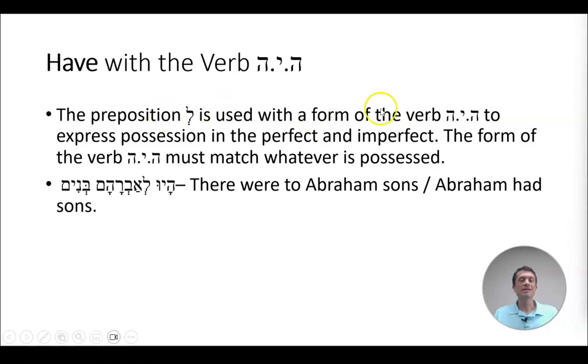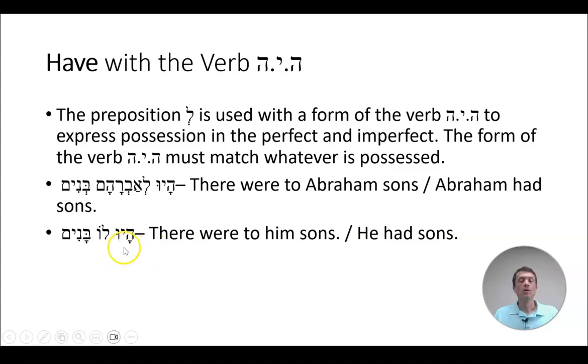Very literally, this is, there were to Abraham sons. Or you could simply translate this, Abraham had sons, as if the verb means had, taking Abraham as the subject. Abraham had sons. Or, hayu lo banim, this is, there were to him sons, or you could simply say, he had sons.